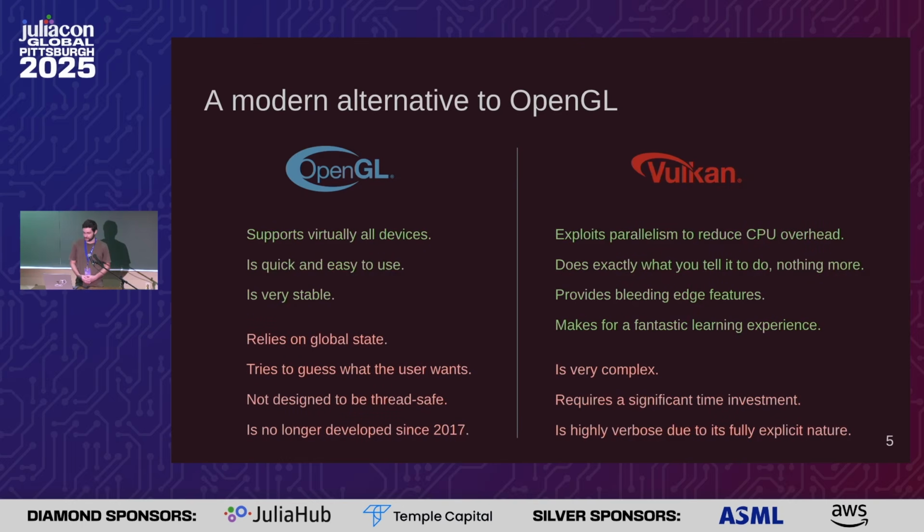So just to quickly mention, you might want to use OpenGL still, even though Vulkan is more recent. The reason for that is that OpenGL is easier to use because it is somewhat of a higher-level API. Vulkan is great because it is a very, very low-level API. Everything is explicit, but everything is very verbose. The driver will do exactly what you tell it to do.